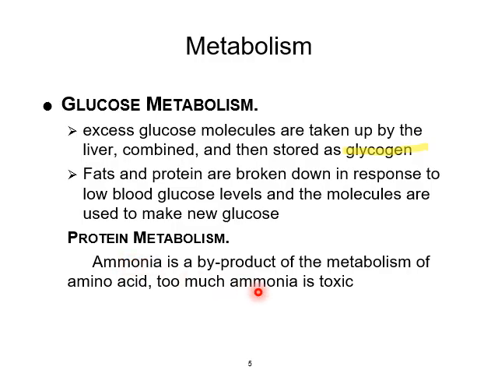So that's why there are conditions where this ammonia level gets too high in the body and it doesn't get secreted. It's toxic, and it's harmful if it's too much in the body. So we need to make sure that the body is excreting that ammonia, which is a byproduct of the protein metabolism.